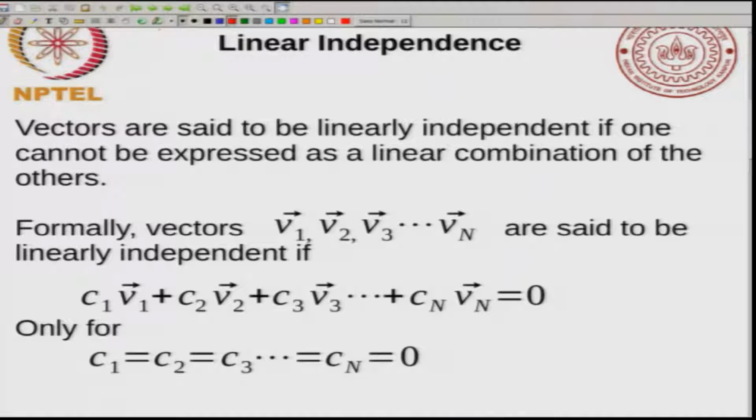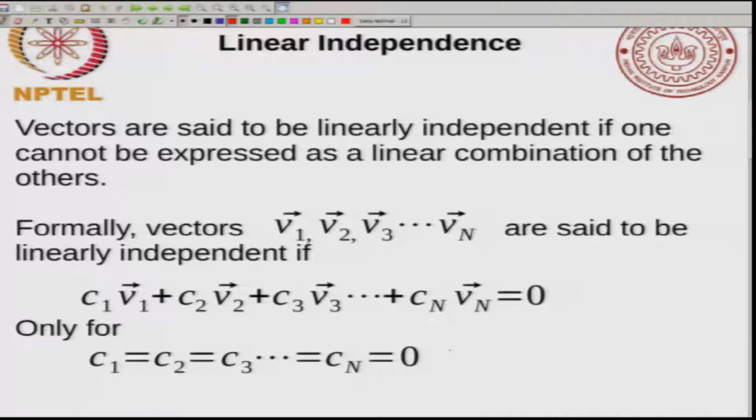Formally, the way you define linear independence is this: if you have a set of vectors v1, v2, v3 up to vn, you say that these vectors are linearly independent if the statement c1 v1 plus c2 v2 plus up to cn vn equal to 0 is only valid when c1 equal to c2 equal to c3 equal to cn equal to 0.